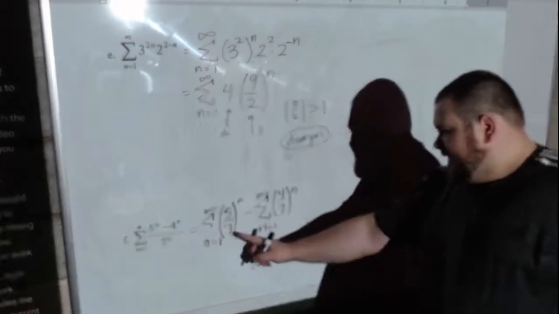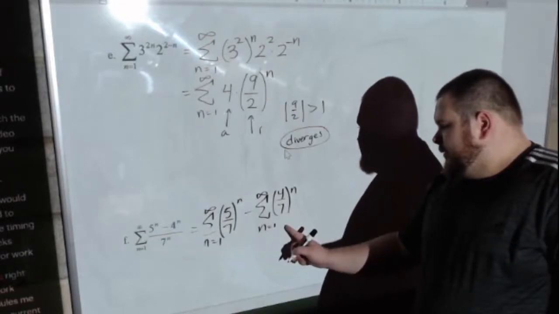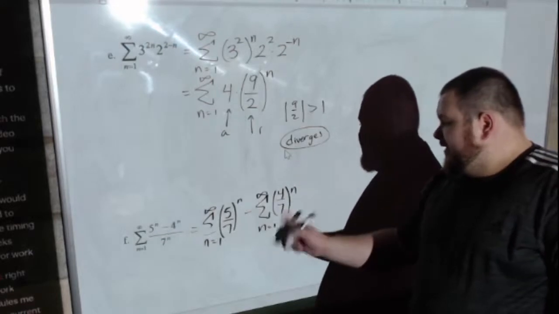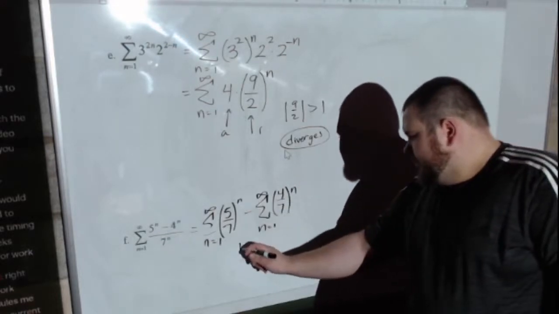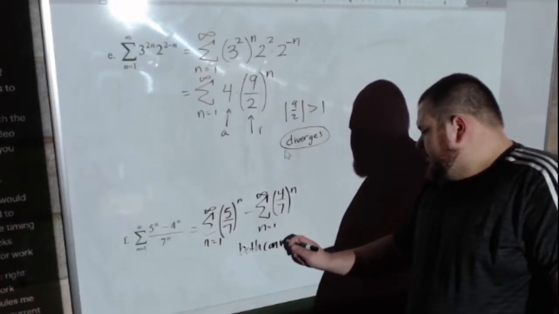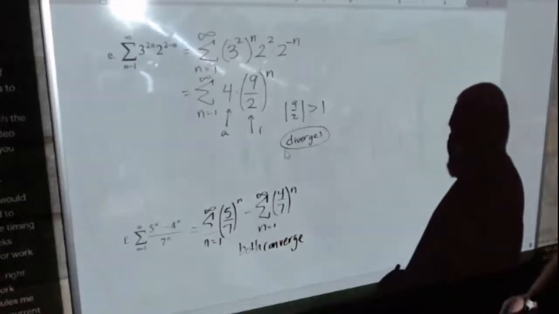Now it turns out in this case, both of these values for R are less than 1. So both of these are going to converge. Which means I have to find the sum for each one of them.